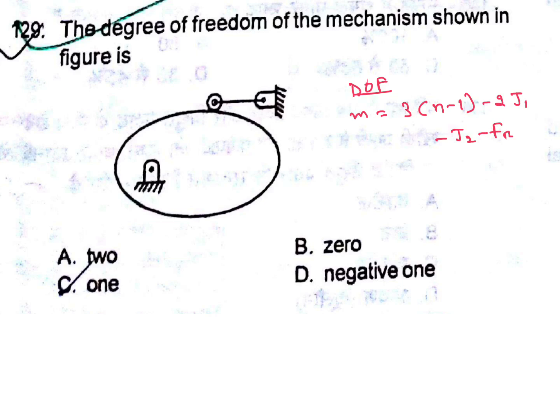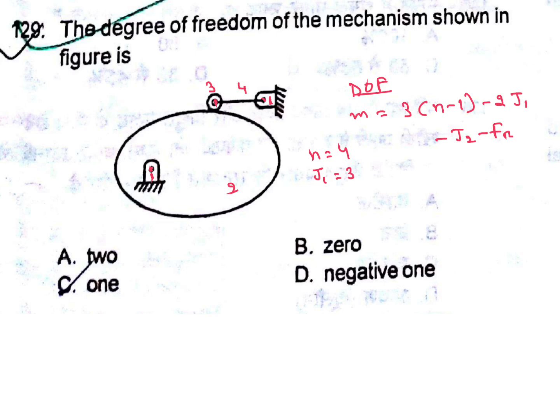So here the number of links are 1, 2, 3, 4, so n equal to 4. Then J1, lower pairs: 1, 2, 3.